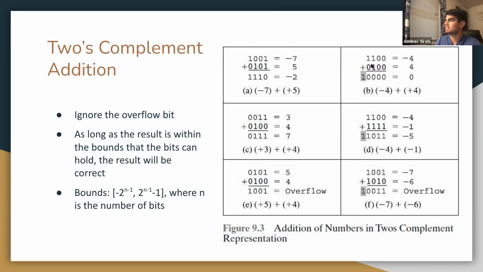When we perform this operation, we end up with 1 0 0 0 0. But we ignore the overflow bit, which is the 1, and we just end up with 0, which is the correct answer. So as long as you follow these rules, the addition in 2's complement will work fine.